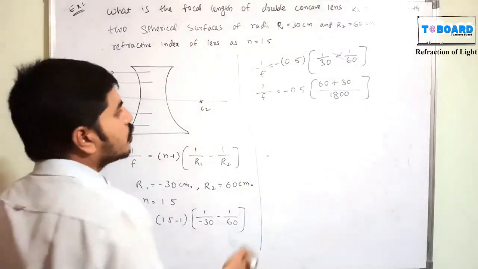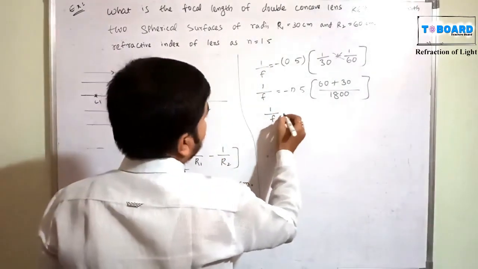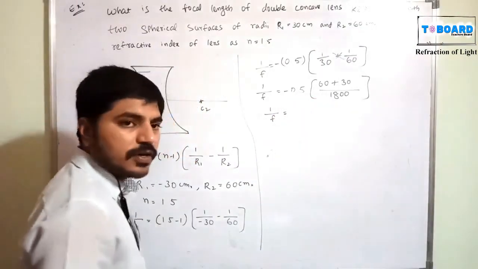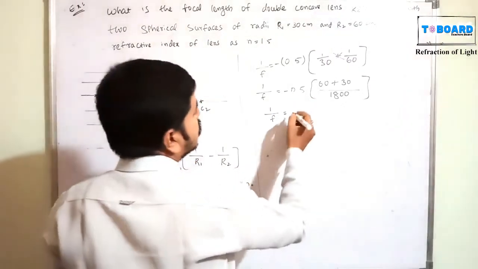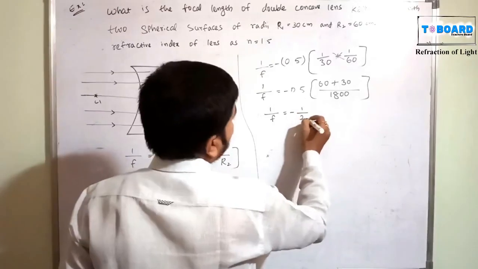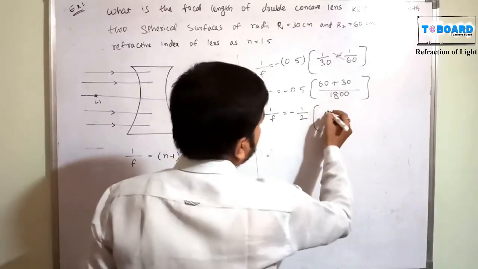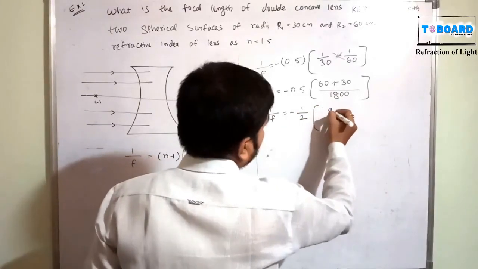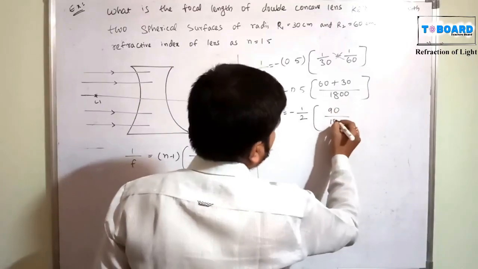Okay, so 1 by f is equals to, you know 0.5 is 1 by 2, so minus 1 by 2 into 90 by 1800.